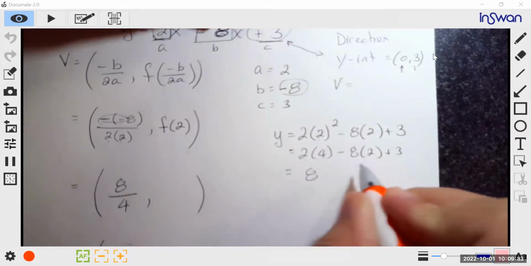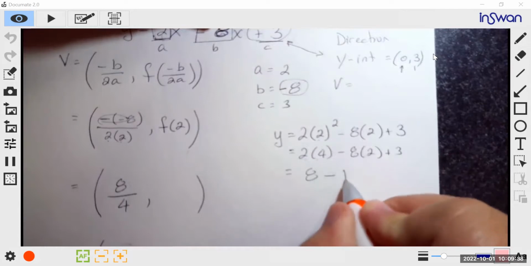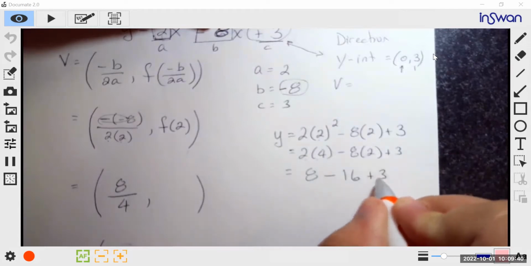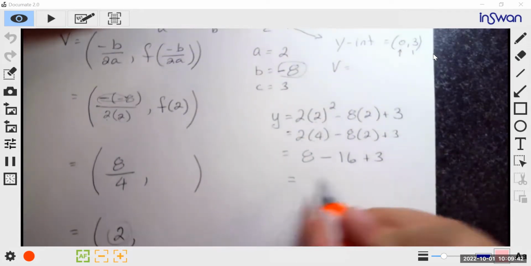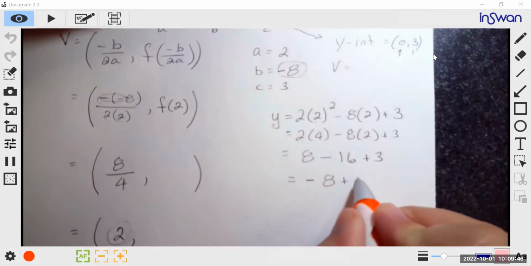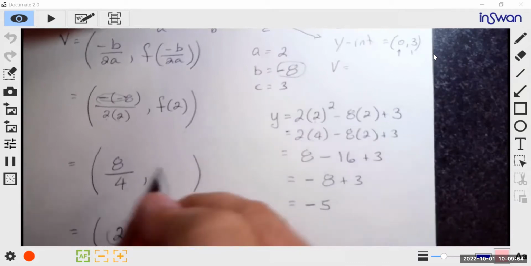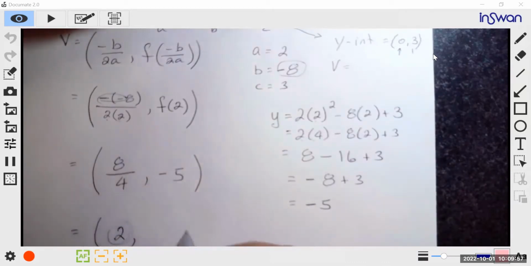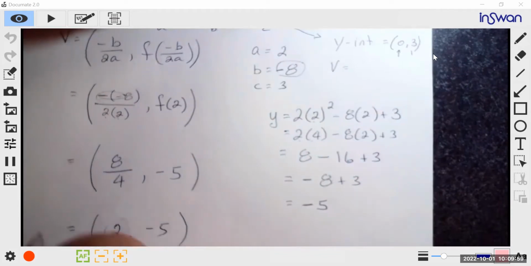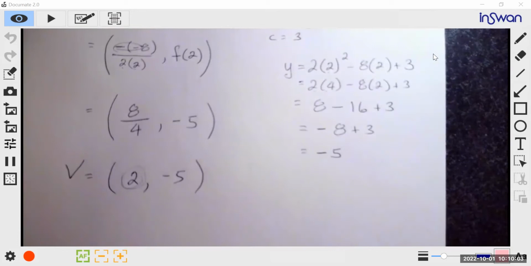Two times 4 is 8. Negative, positive, negative. 8 times 2 is 16. 16 is bigger. 16 minus 8 is 8. -8 plus 3. 8's bigger, so it's negative. 8 minus 3 is 5. So that's where our vertex is.